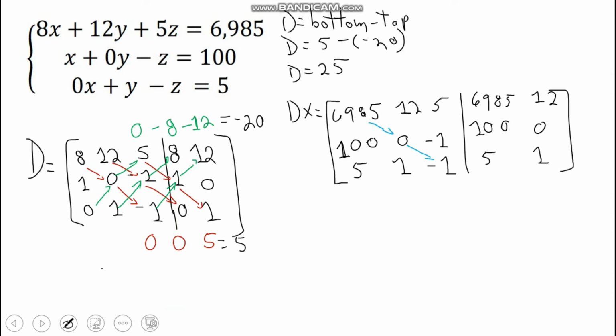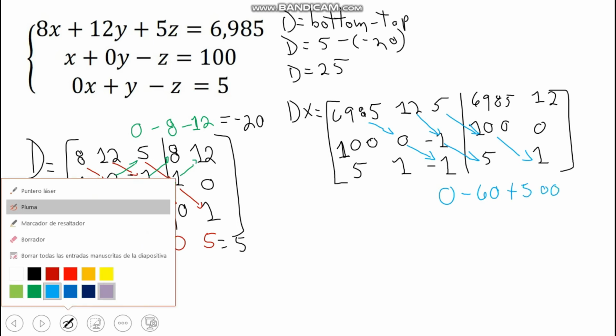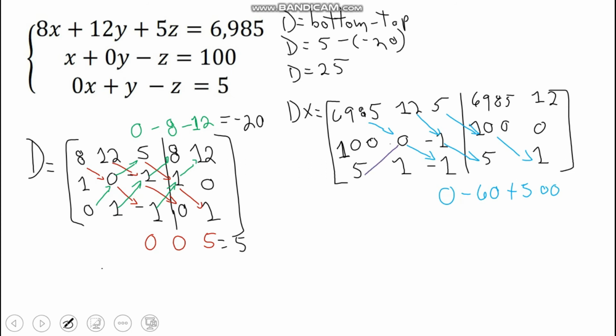Now we also multiply diagonally from top to bottom, which is 6,985 times 0 times negative 1 is equal to 0, 12 times negative 1 times 5 is equal to negative 60, and 5 times 100 times 1 is equal to 500.